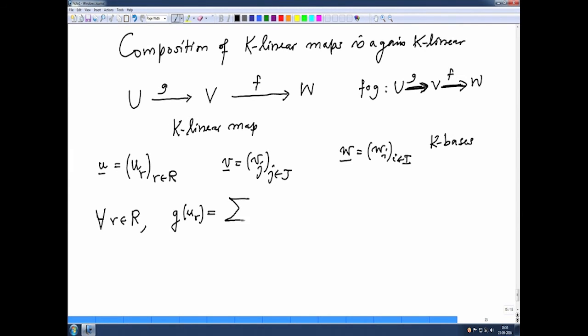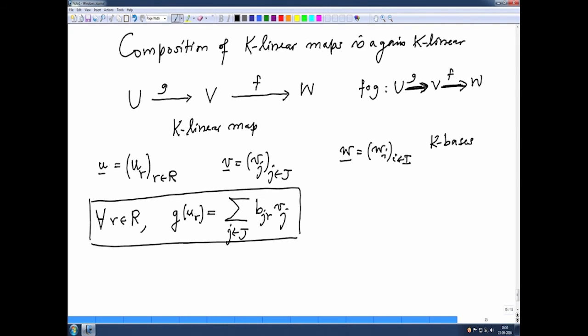I will write it with B's. Remember, r is the second index and j is the first index. So this sum is over j of B_jr V_j. Clear? These are the equations by which G is uniquely determined.